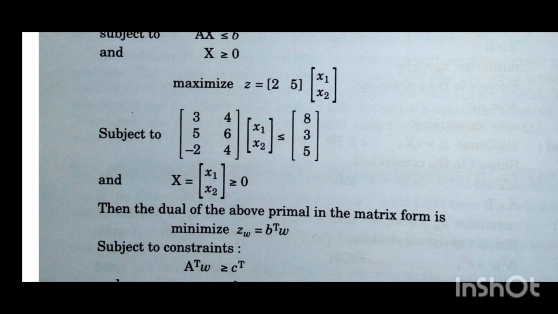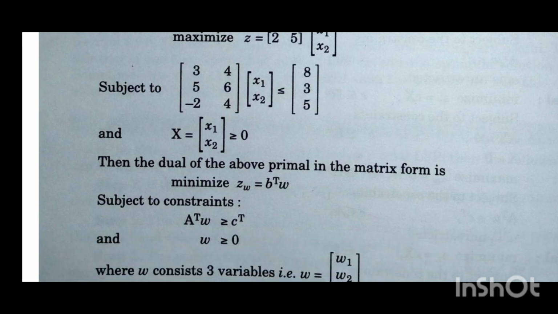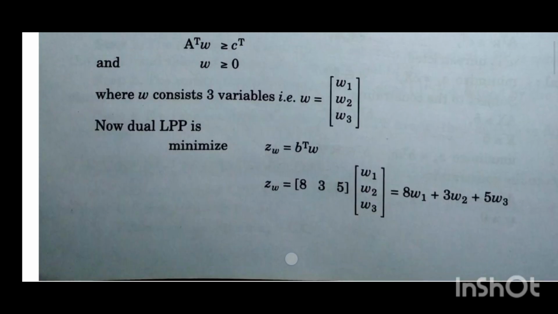Min z equals B transpose W, A transpose W greater than or equal to C transpose, W is always greater than or equal to 0.